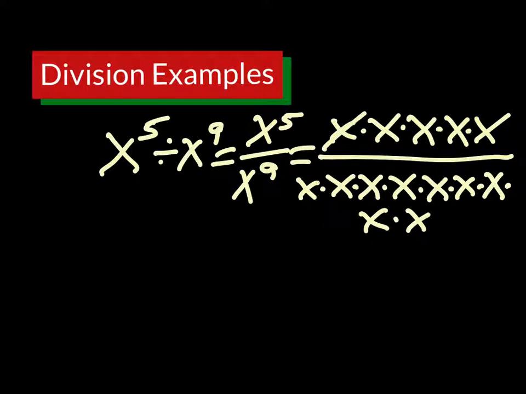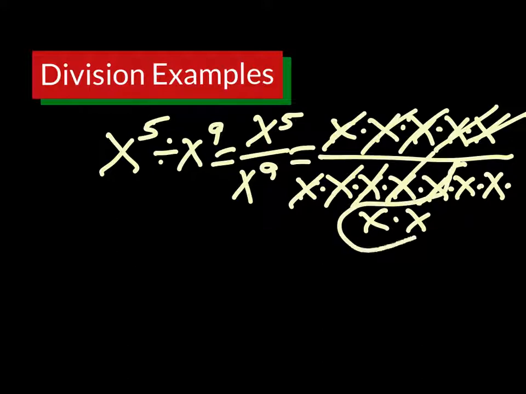So let's cancel this one, this one, this one, this one, and this one. And you can see that I have 4 x's left over. So the answer to this division is 1 over x to the 4th.